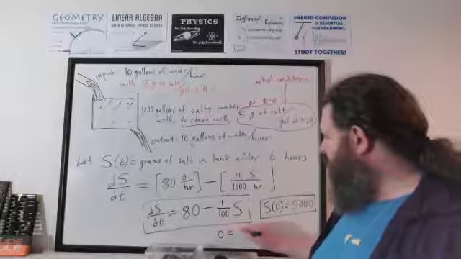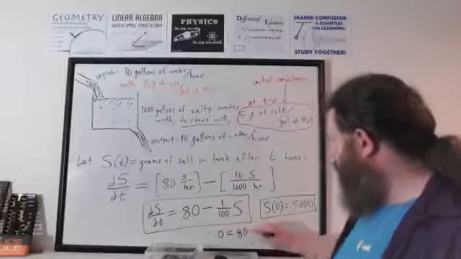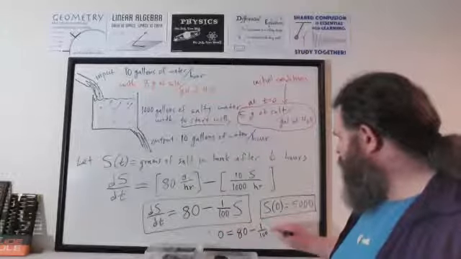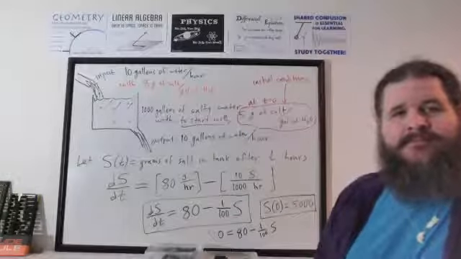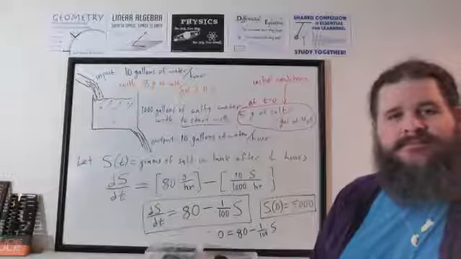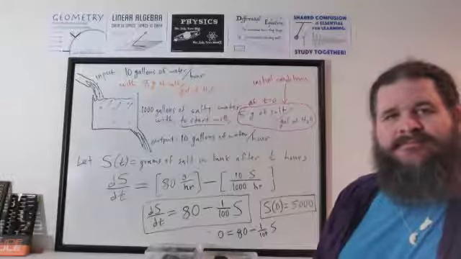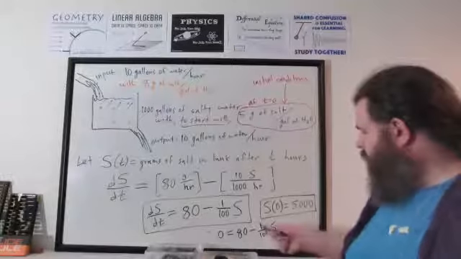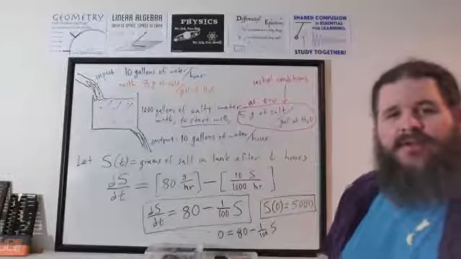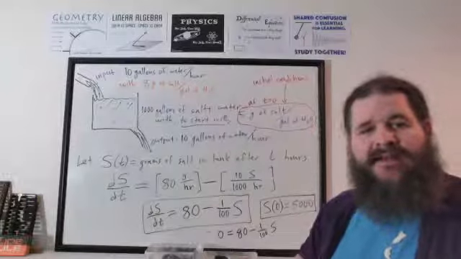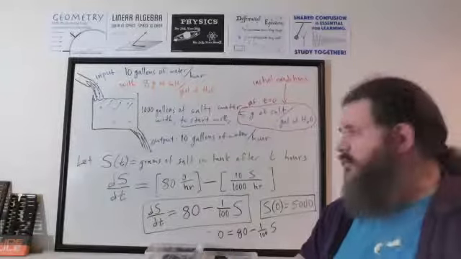So if we set the derivative equal to 0 and solve for S, what do you get? 8,000. Yeah. Add this to both sides, multiply by 100, S equals 8,000. So mathematically, we also find that 8,000 is the equilibrium solution we should expect.